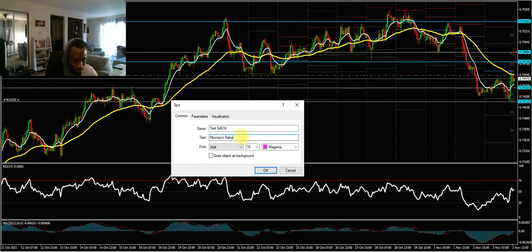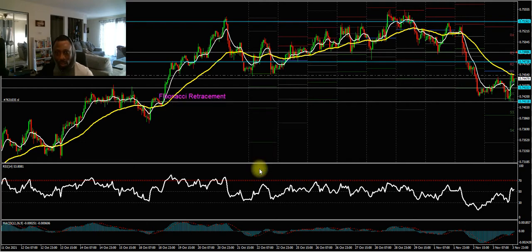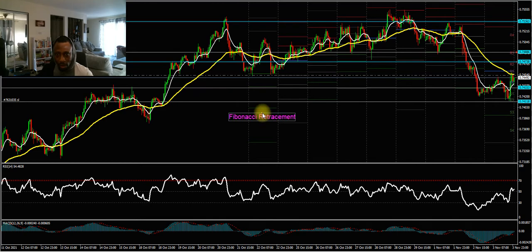Fibonacci retracement. Okay, so here you go. Here it is. I'm trying to move it so you can see it a lot better. I'm sure you see it now. So it's the Fibonacci retracement tool.